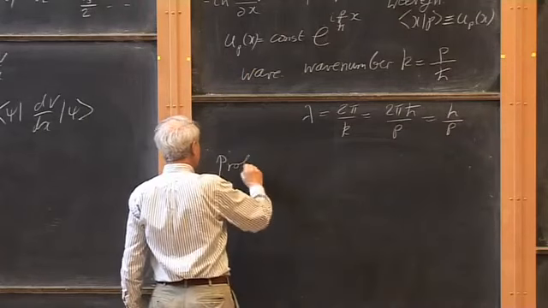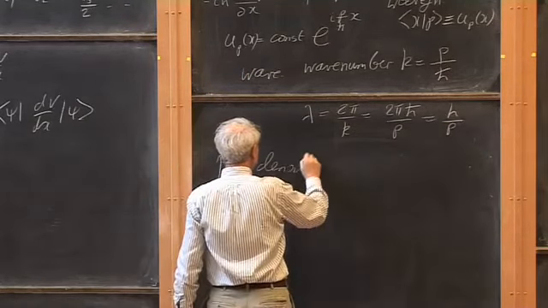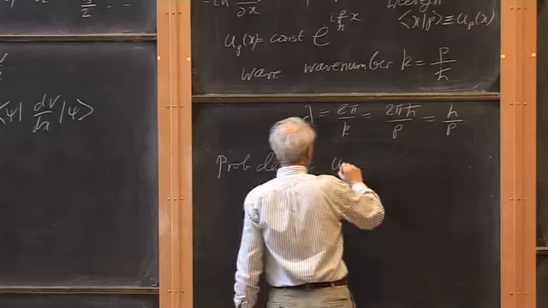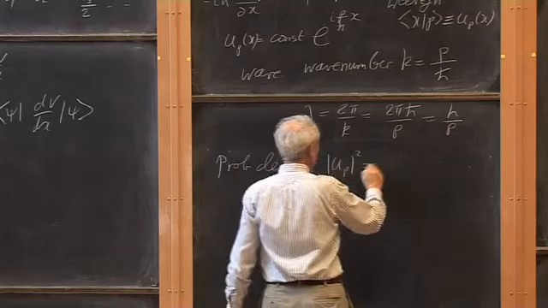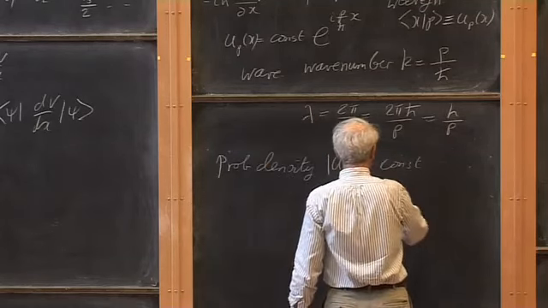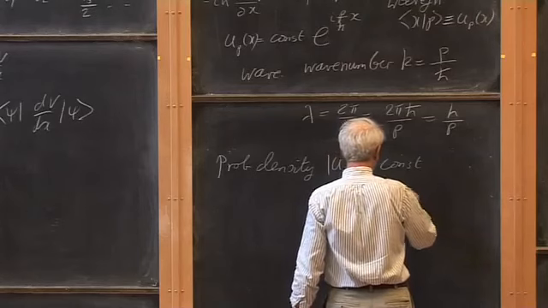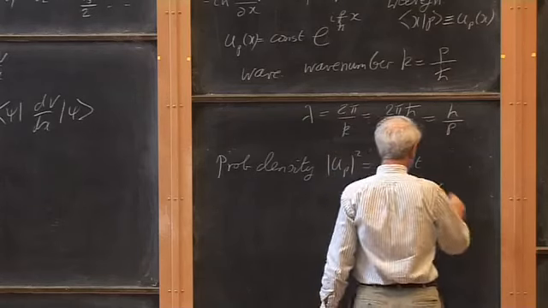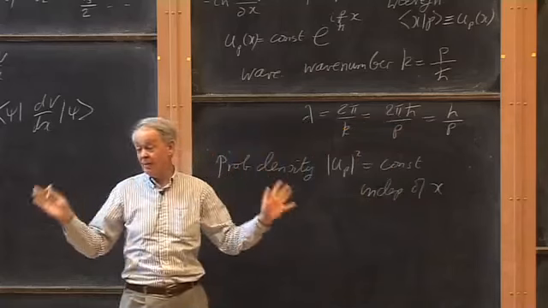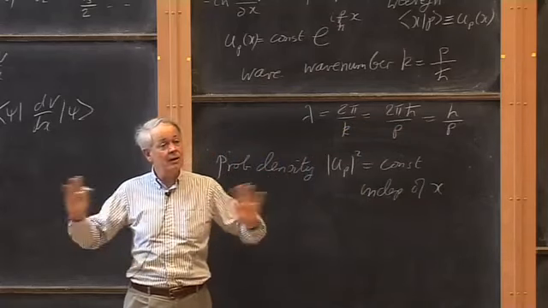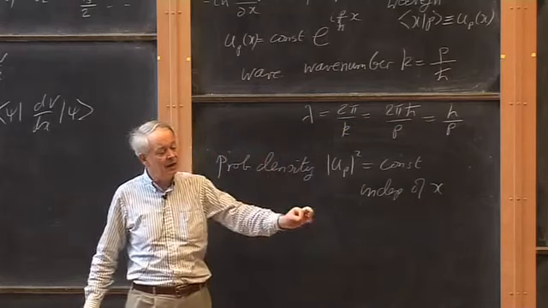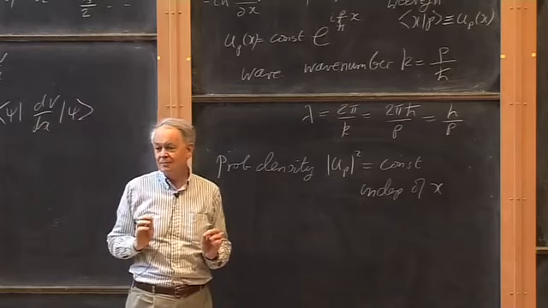So the probability density, which is u p squared, is equal to some constant which is independent of x. In other words, you know absolutely nothing about the location of your particle. Absolutely nothing. It's as likely to be here as on the other side of the universe.